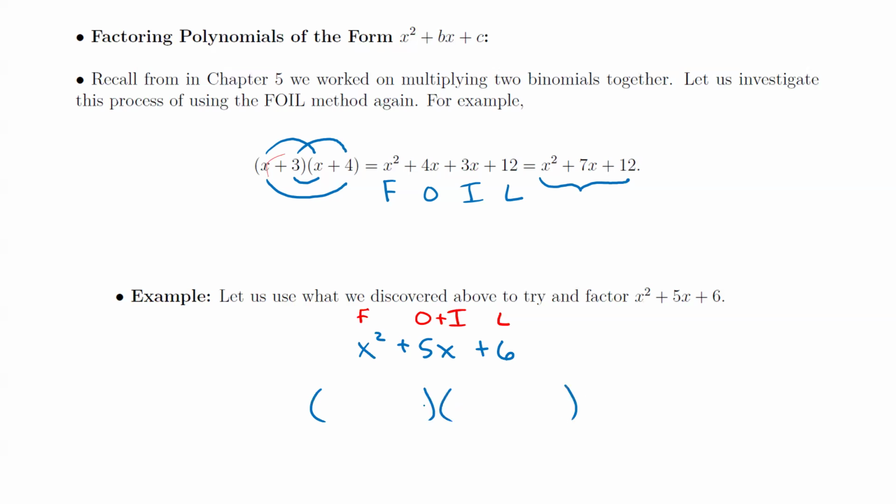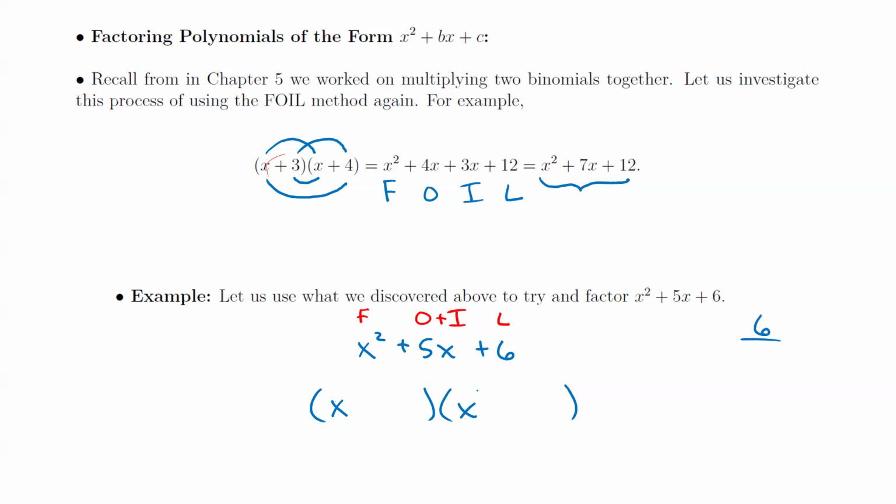The way it would have to work is I would have x here and x here, because first times first would have to give me this x squared. And then the last, 6, is going to have to come from multiplying whatever number's here with whatever number's there.